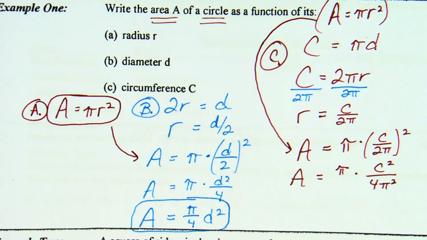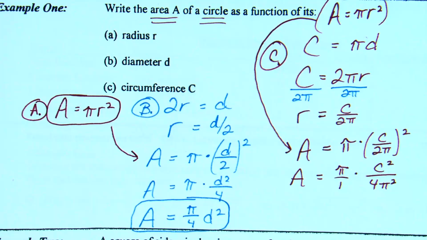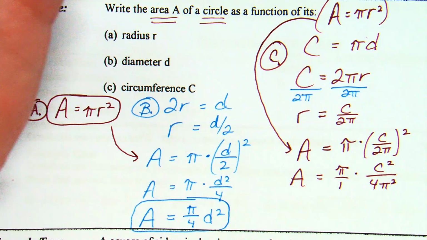If we multiply these together, pi as a fraction is pi over 1. What can I do here? Yeah, can we cancel pi? It's kind of like working with a variable. I know it's not a variable, but 1 pi on top cancels with one of the pi's on bottom.